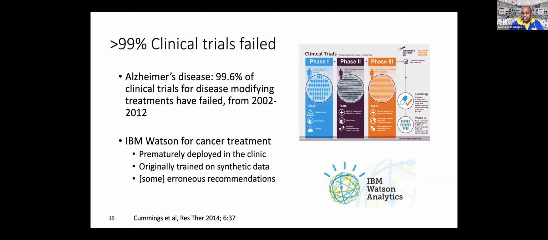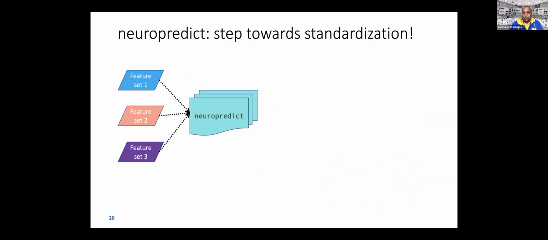So I think to solve this problem, it's very important that we have a common open standard for performance evaluation that everybody can rely on, so we are measuring the same thing when we compare, right? This is why I try to develop a tool called NeuroPredict to help solve this problem.